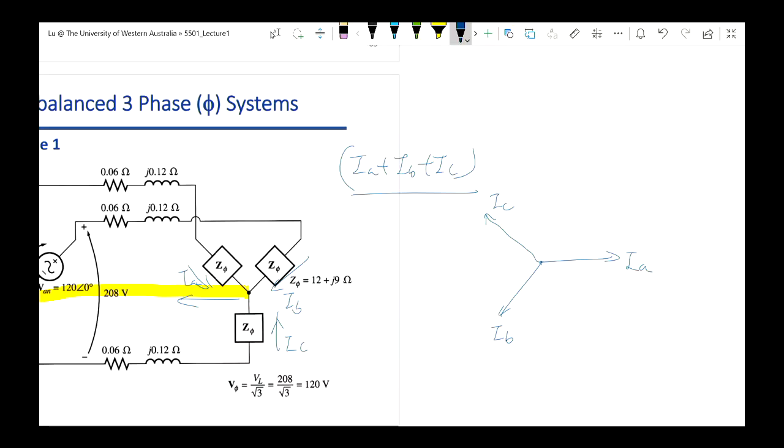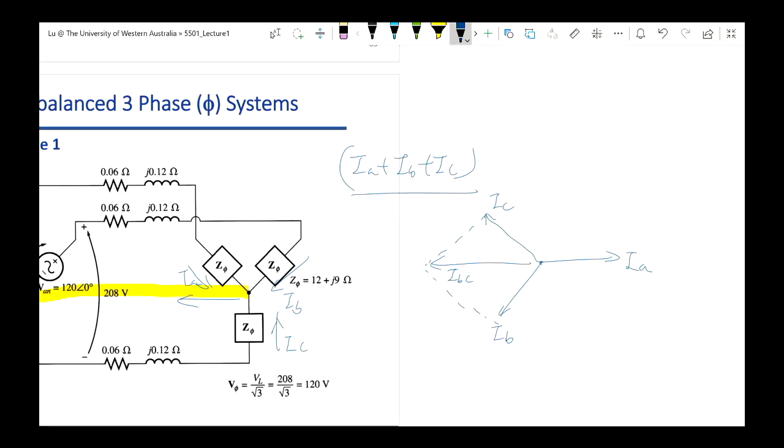IB vector plus IC vector should give you the IBC vector. This IBC vector has the same size as IA, but points in the reverse direction. So this IBC and IA will cancel each other when you add them up.